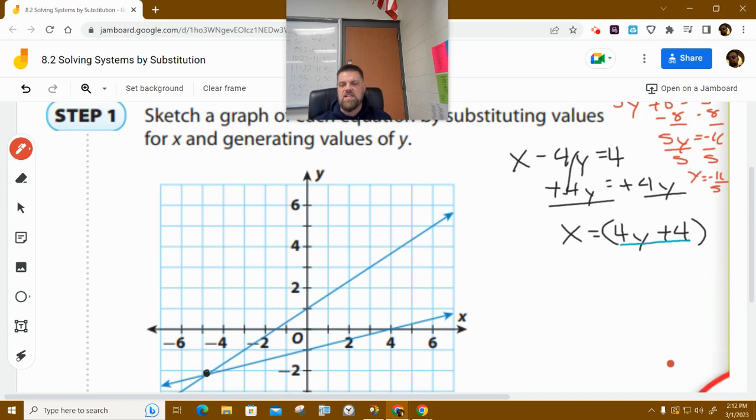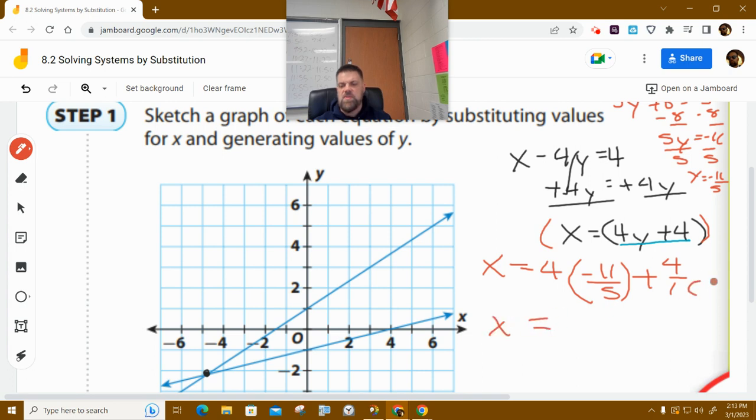So now to find the x value, I'm going to take this equation right here and say x is equal to 4 times y, which is negative 11 over 5, plus 4. I'm writing this down kind of wonky, but how do I make 4 over 1 have the same denominator as 5?